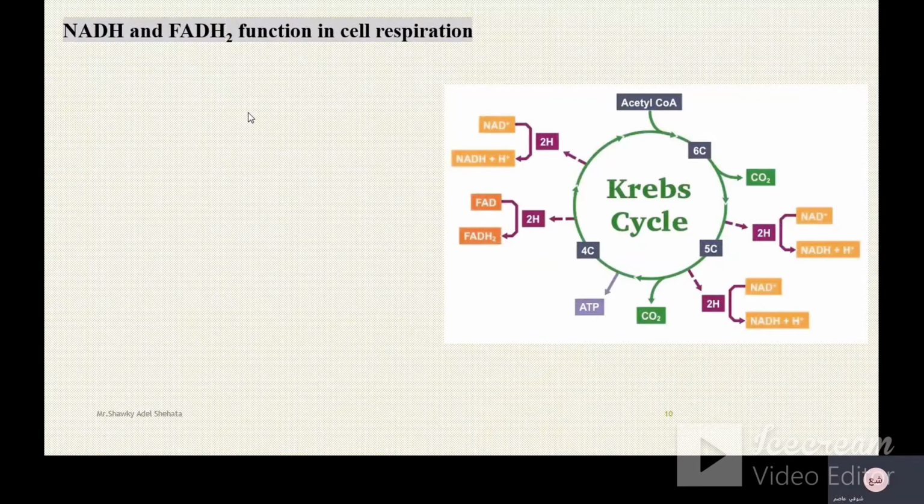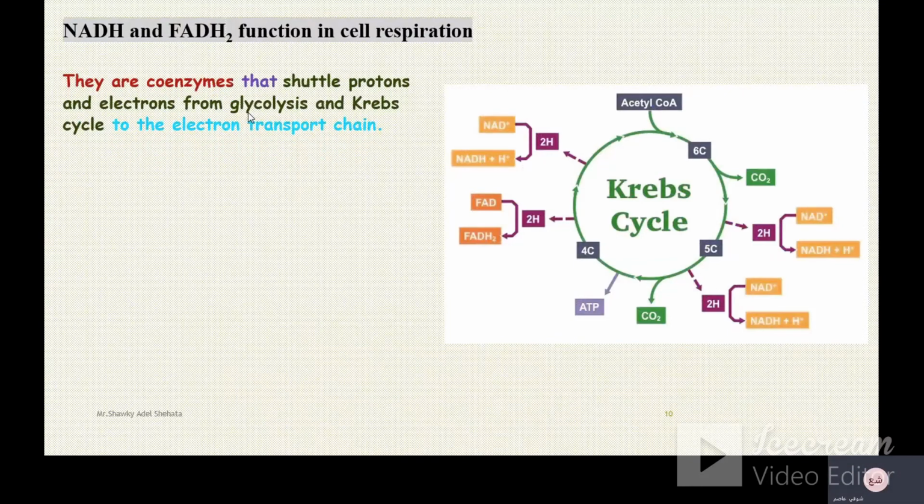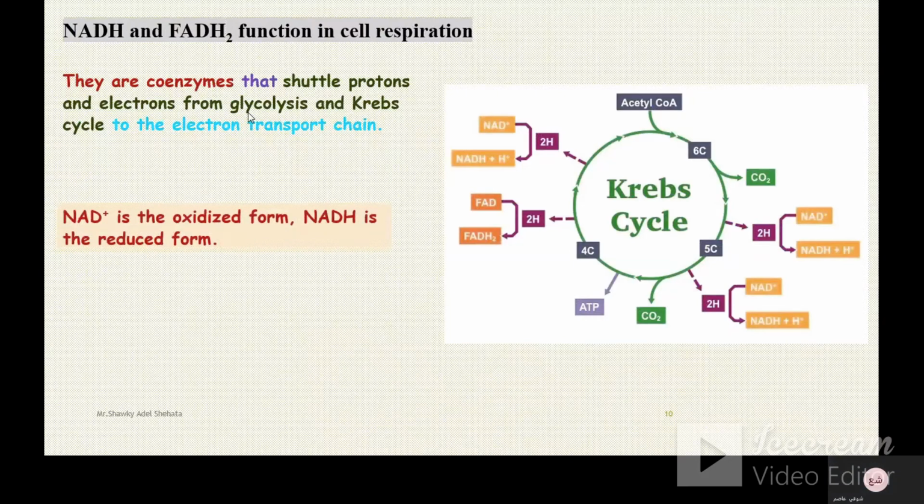Let's talk about the NADH and the FADH2 function in cellular respiration. They are coenzymes that shuttle protons and electrons from glycolysis and the Krebs cycle to the electron transport chain. And we will talk about the electron transport chain later. NAD+ is the oxidized form, NADH is the reduced form.